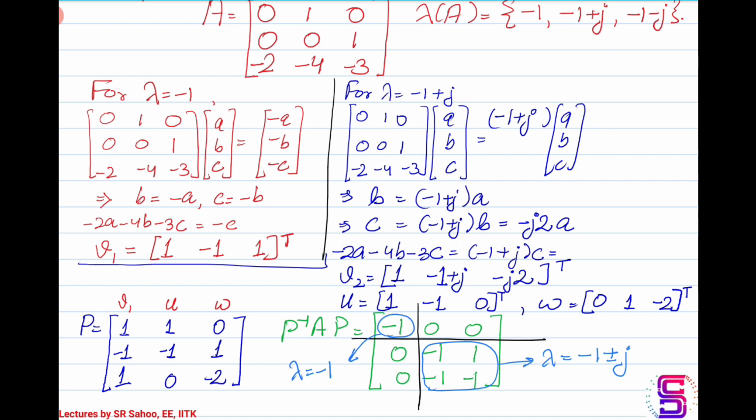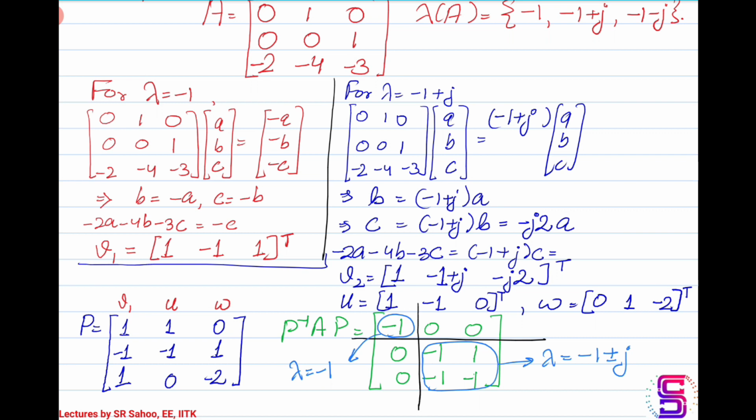The similarity transform matrix is formed with the first column being V1, the eigenvector corresponding to minus 1, and the next two columns formed from U and W, which correspond to the complex eigenvalues minus 1 plus minus j.